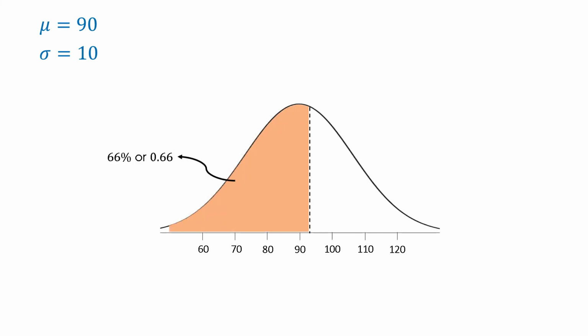Meaning, if you are in that score or pulse rate, you have reached the maximum threshold to get additional screening. As you may have noticed in this example, we are not looking for the proportion given a z-value. This time, we are looking for the z-value given a certain probability or percentile.